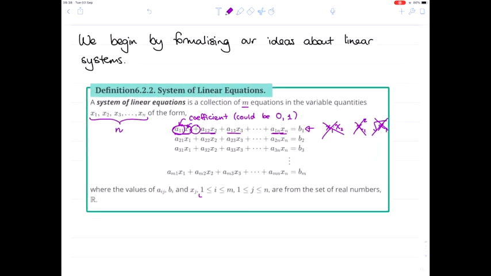Every equation, and we've got m of them, has this particular form, but it's going to have its own coefficients and its own constant at the end. If you see something like this, then you know that you're dealing with a system of linear equations.